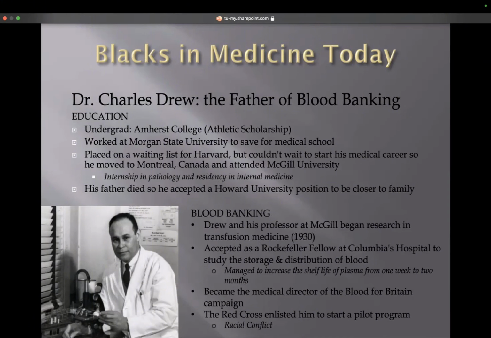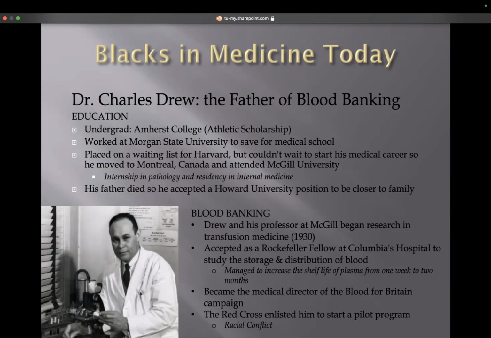And a little bit about the blood banking. In 1938, he was accepted as a Rockefeller Fellow at Columbia University's Presbyterian Hospital in New York to study the storage and distribution of blood. Over the course of a year, Drew managed to increase the shelf life of plasma, which I discussed earlier is the liquid part of blood, from 1 week to 2 months.